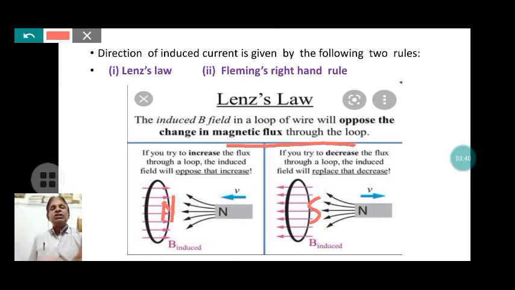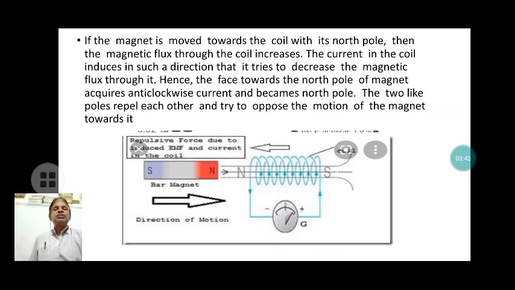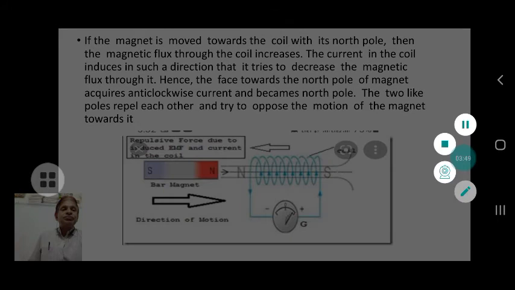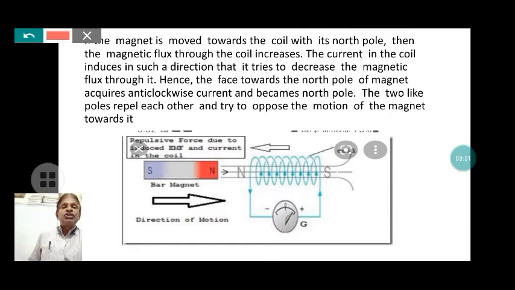It is also given in detail in the next slide. Here, if the magnet is moved towards the coil with its north pole, then the magnetic flux through the coil increases. The current in the coil is induced in such a direction that it tries to decrease the magnetic flux, by making this end a north pole.